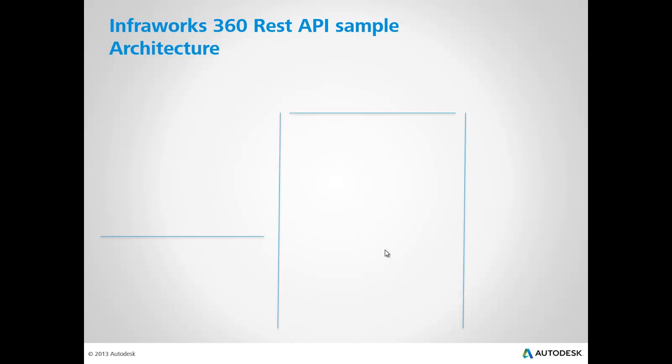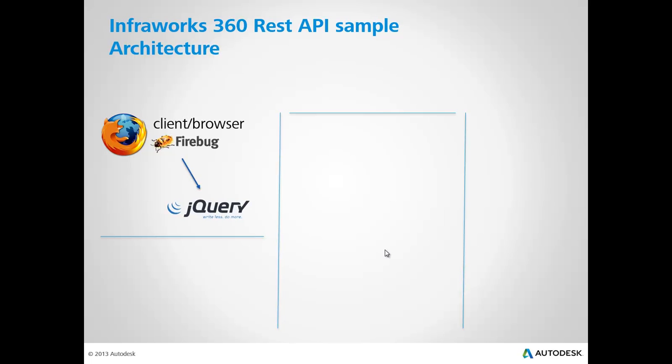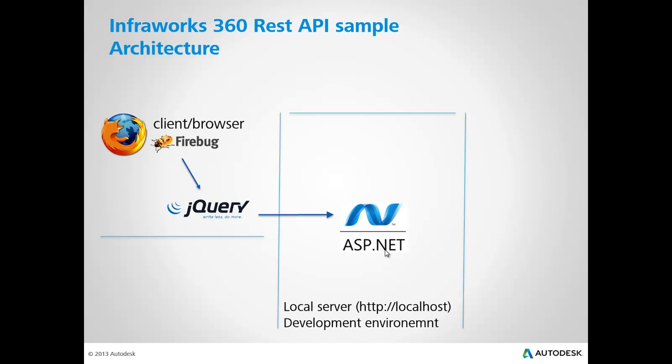So here we have the main architecture of this sample. As I'm going to connect Infraworks with some other service, we need to design the architecture for this sample. The main idea is that we are going to have a client browser application, and on this client browser, we are going to install Firebug to debug our code. And we are going to use jQuery to make calls to the server we are going to create.